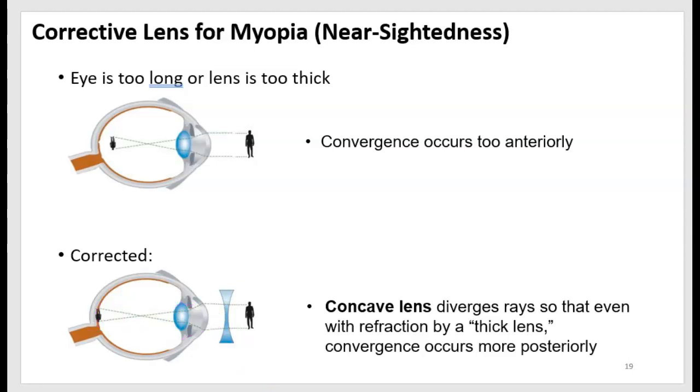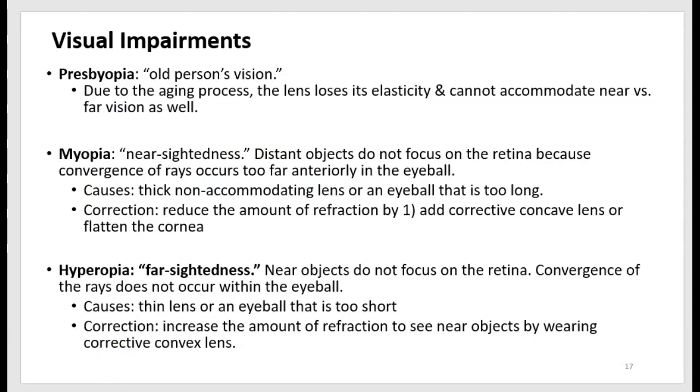Okay, let's go back to hyperopia and just look at the definition. Hyperopia is also known as farsightedness. So in the case of farsightedness, objects aren't focused on the retina either, but that's because convergence happens too far posteriorly.